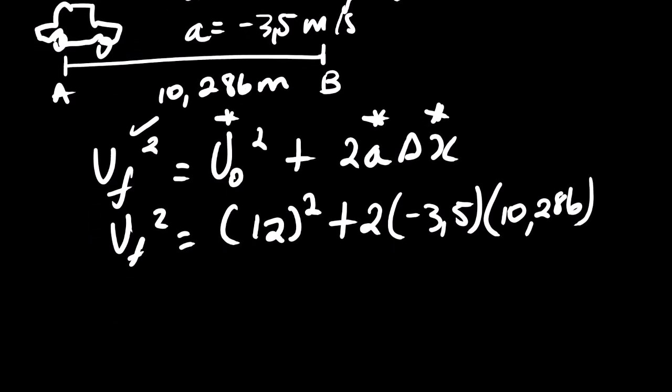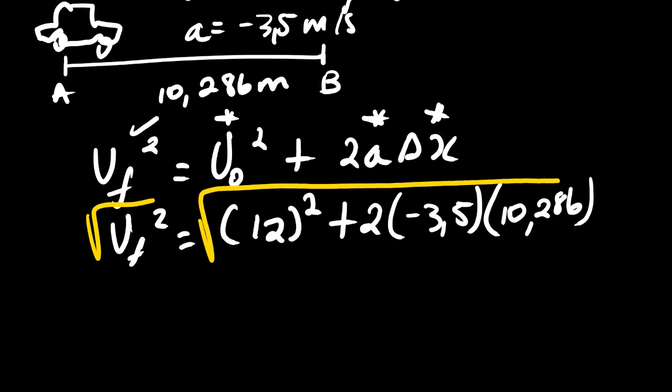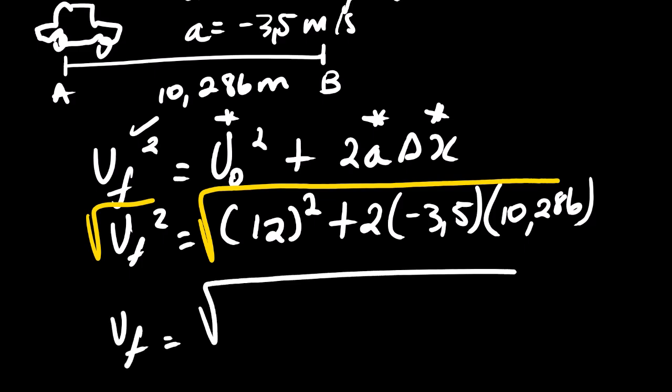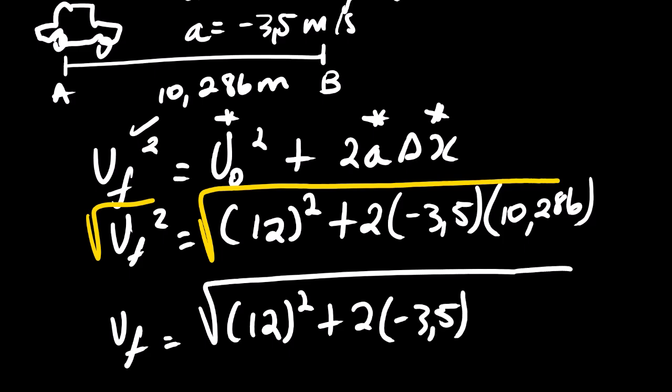Then we take the square root on both sides. So VF is equal to the square root of 12 squared plus 2 times negative 3.5 times 10.286.